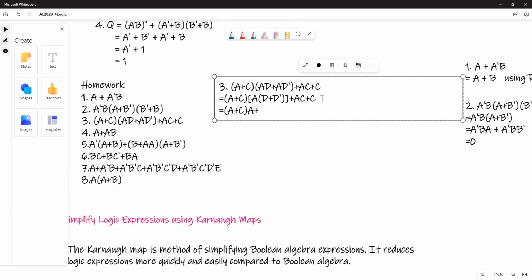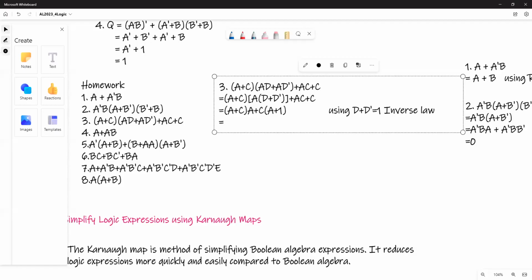Then we can take C out from the last two terms. If we take C out, we will have A plus 1, right? The simplification that we have used is D plus D bar is 1, that is the inverse law. From this point onwards we have A plus C, and I'm not going to simplify any other, we are left with C. Why is this?